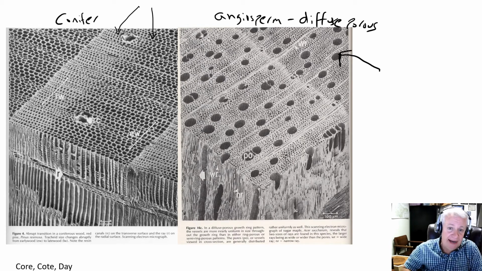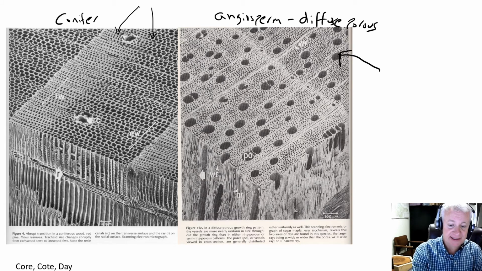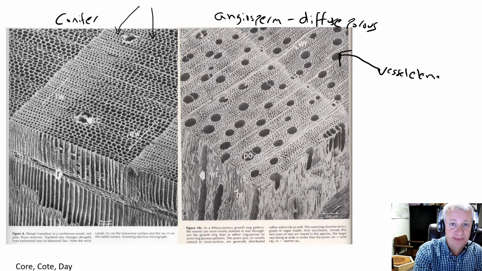We talked way back when we talked about structure about the evolution of vessel elements as essentially an evolution from tracheids, which perform both mechanical support and water transport functions, to vessel elements which perform the water transport function, and the separation of mechanical support function into fibers, which provide mechanical support.